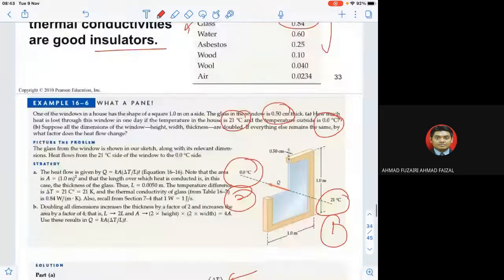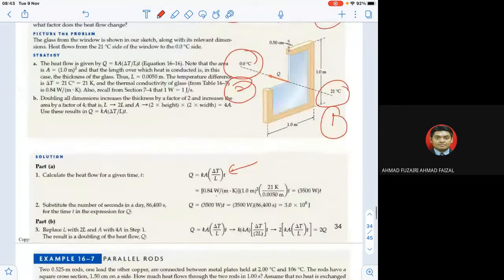But the question now is, 1 day is equivalent to what? 1 day is equivalent to 24 hours, and 24 hours is 24 times 60 times 60, so you will get 86,400 seconds, because 1 minute is equivalent to 60 seconds.